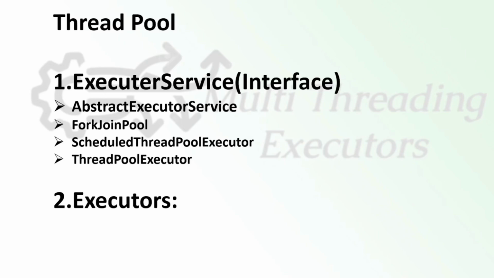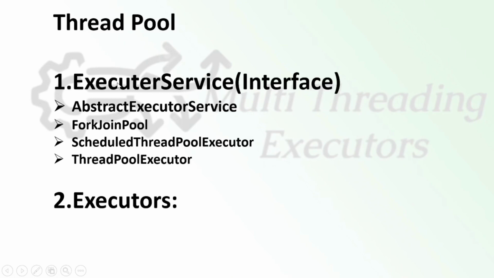In Java, some classes and interfaces are provided by which we can create a thread pool and submit our task to it. From that thread pool, one thread will execute our task. So we can see ExecutorService is an interface, and its implementations are AbstractExecutorService, ForkJoinPool, ScheduledThreadPoolExecutor, ThreadPoolExecutor.